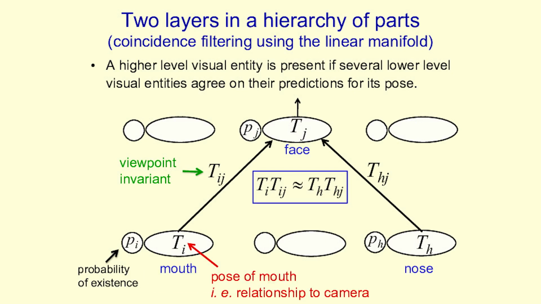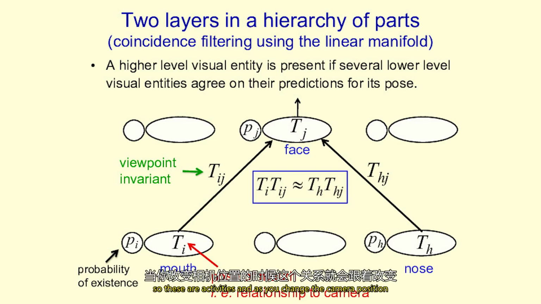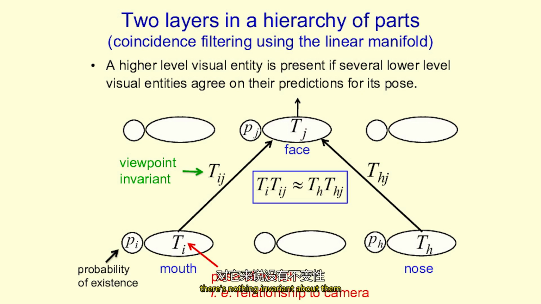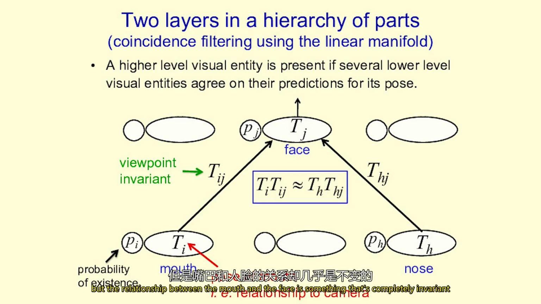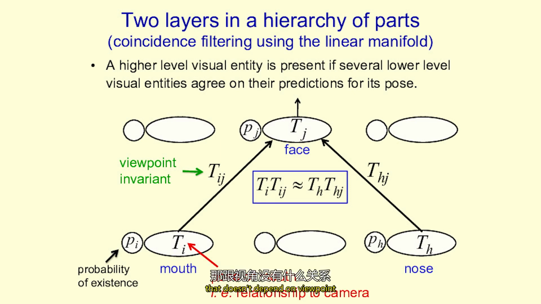You multiply them by a weight matrix, so these are activities, and as you change the camera position or move the mouth around, all those activities change. There's nothing invariant about them. They're highly variant. But the relationship between the mouth and the face is something that's completely invariant, that doesn't depend on viewpoint.